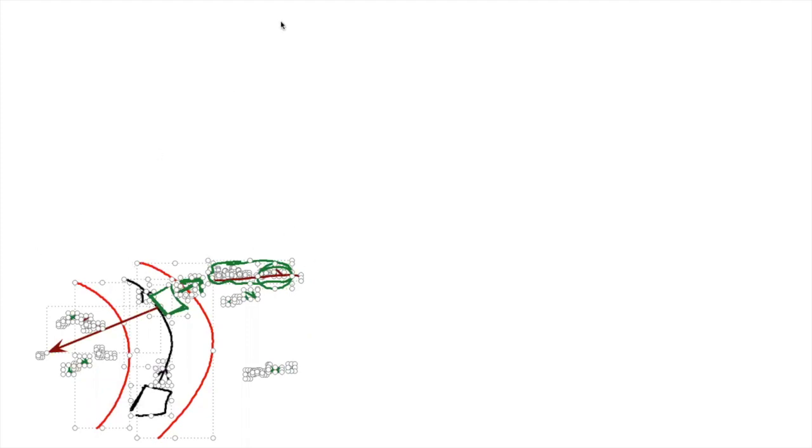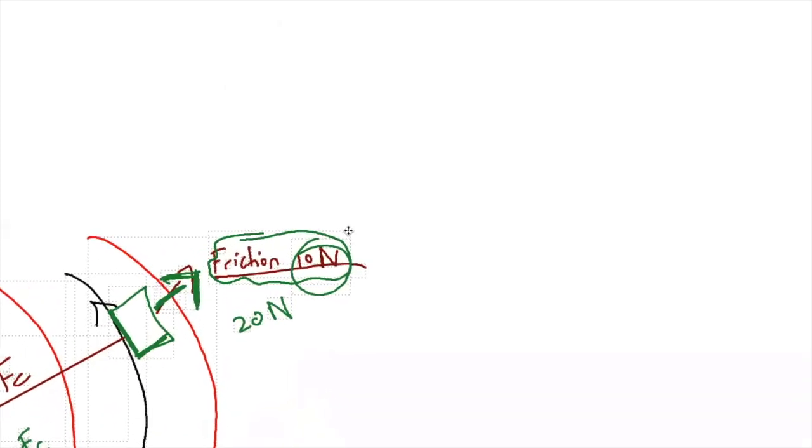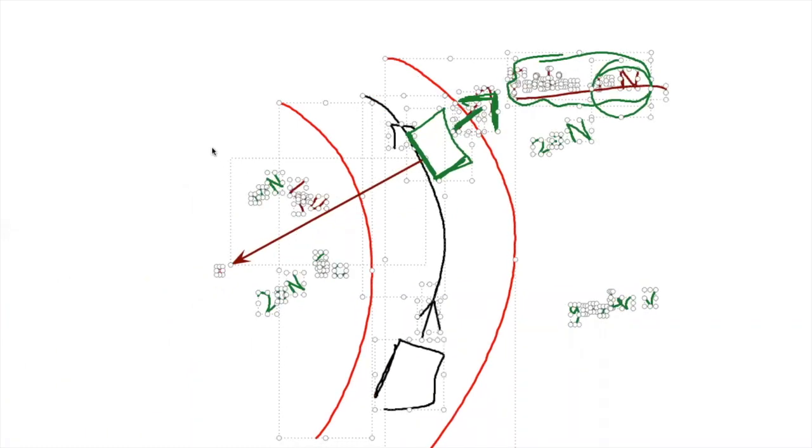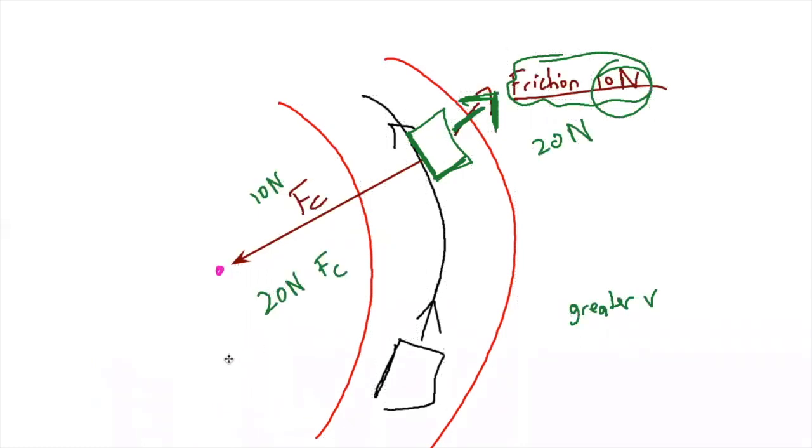One of the students asked me a question. Let me read it again: why is the car's driving force not the centripetal force? Look, I know that centripetal force is a force acting towards the center. And this arrow right here is not the direction of friction.